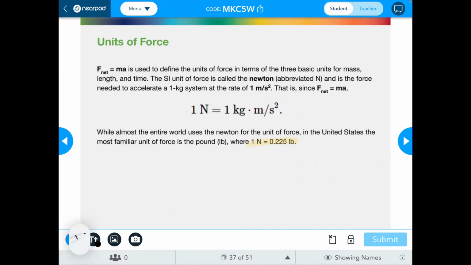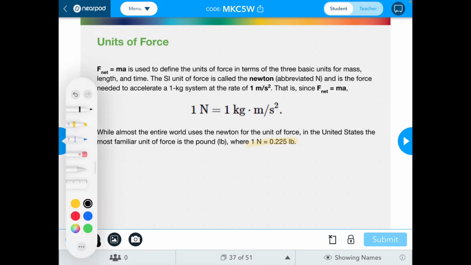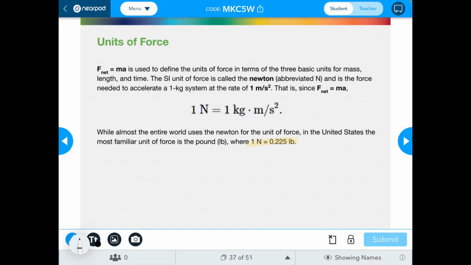Because I know that a Newton is a kilogram meter per second squared, right? So if I'm looking for how many pounds per Newton, we can use this conversion here, 0.225.